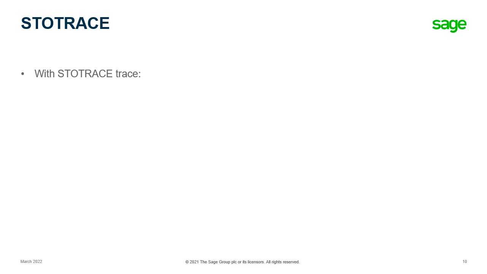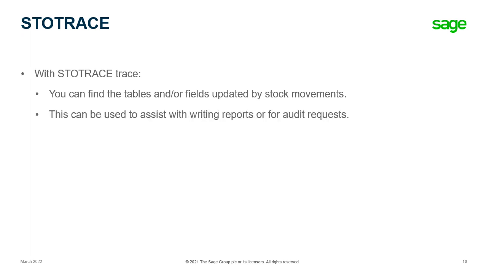So with the STOTRACE trace, you can find the tables and or fields updated by stock movements. And this can be used to assist with writing reports or for audit requests. But remember, it can impact performance, so use it carefully.